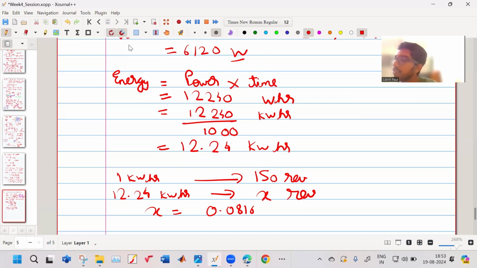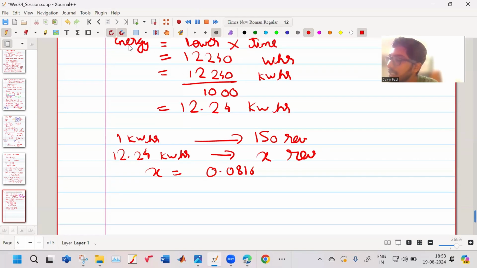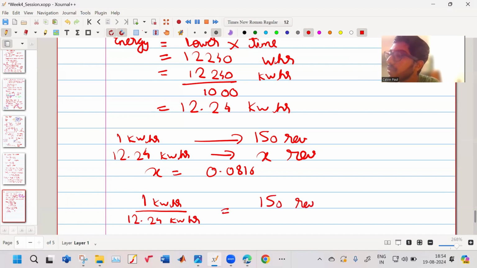So actually what happens in this case is you have to do it is directly proportional. So your 1 kilowatt hour upon your 12.24 kilowatt hour is equal to your 150 revolution divided by your X revolution.